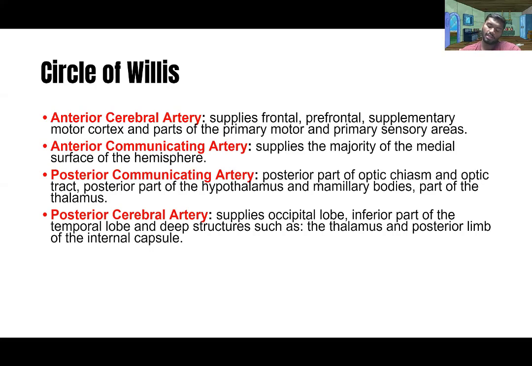The information processed in your cortex will go down something called your corona radiata, which will then become your internal capsule. The internal capsule will take that information down to your spinal cord and out through your limbs to be able to move your hands. So the internal capsule is literally just a structure that we use as a wire to convey information, kind of like an axon, but it is many axons, right?